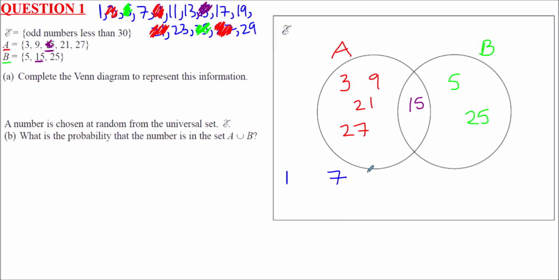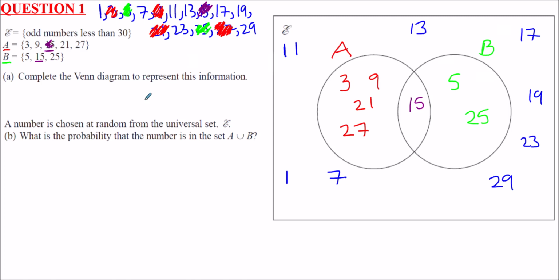I'll just put these anywhere on the outside of the circles but inside the rectangle. It doesn't matter how you spread them out. All that matters is these numbers in blue need to go outside of these circles but inside the rectangle. I could have put them all in this corner here, fairly close to each other if I wanted to, so that's absolutely fine. So that's part A done.